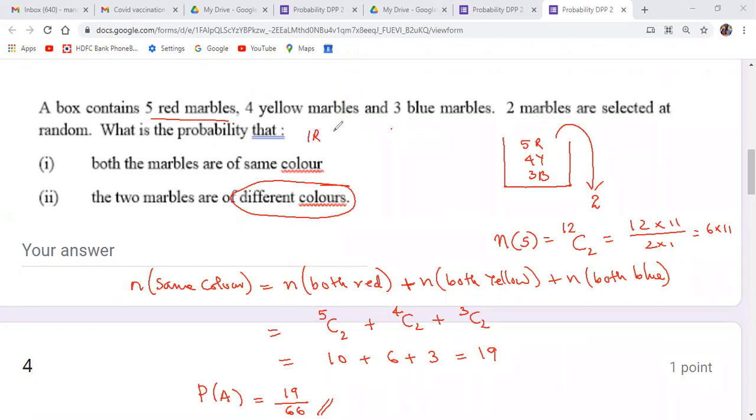Red and yellow: one red and one yellow. Or one yellow and one blue. Or one red and one blue. Here you put the word 'and', otherwise you'll get confused. This is one method of doing the problem.